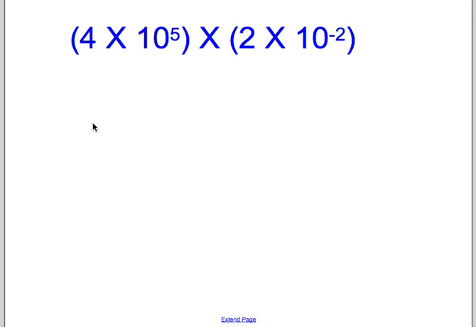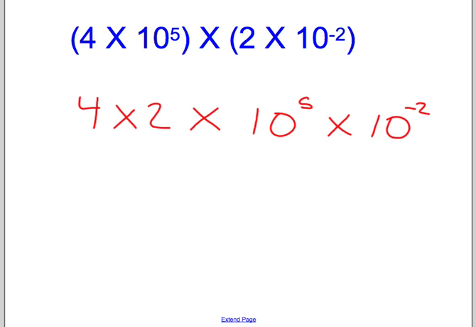I'm going to take my numbers, 4 times 2, and then put my powers of 10 on the end. Once you've done that, then you can go ahead and multiply 4 times 2, which is 8. And then this is the new part.